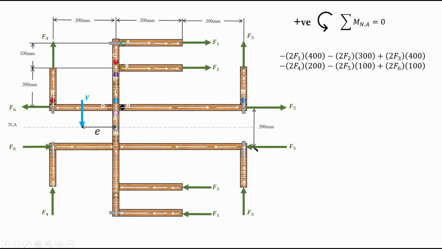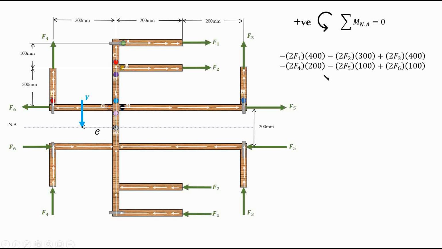So negative F4 multiplied by 200 multiplied by 2 because we have another F4 here, and both of them are moving in the clockwise direction. Again for F5, we have this force, and this as well as this force are moving in the clockwise direction.